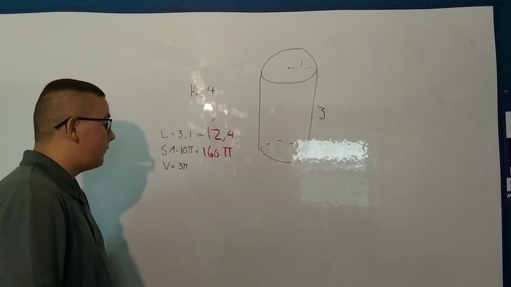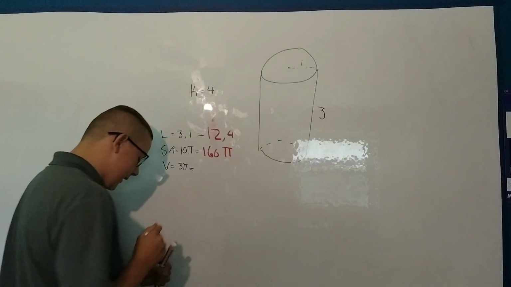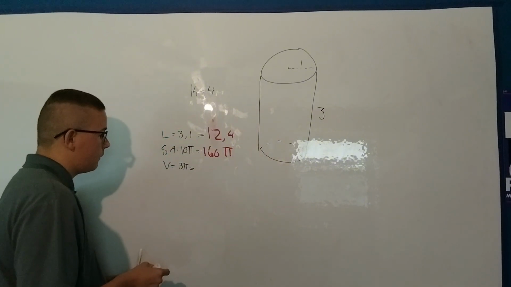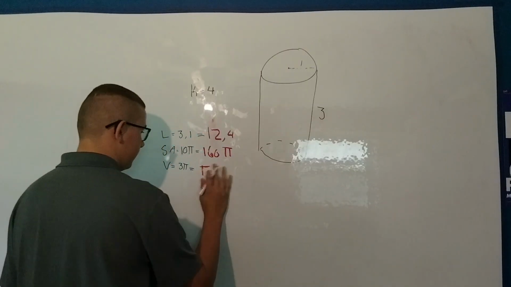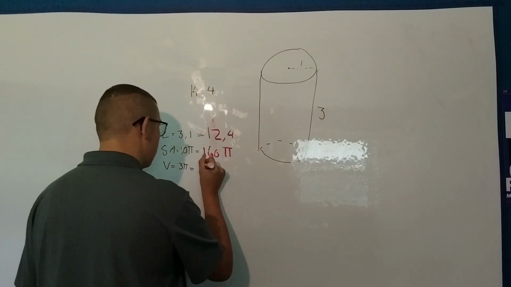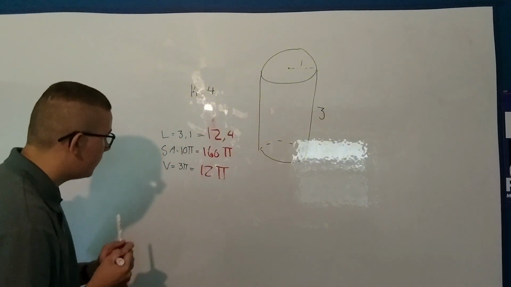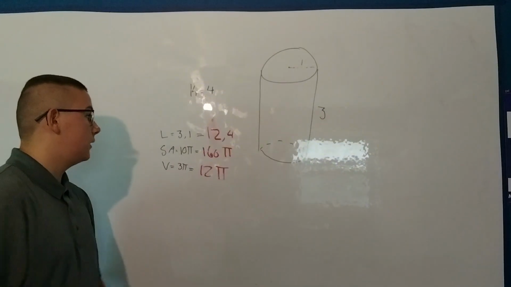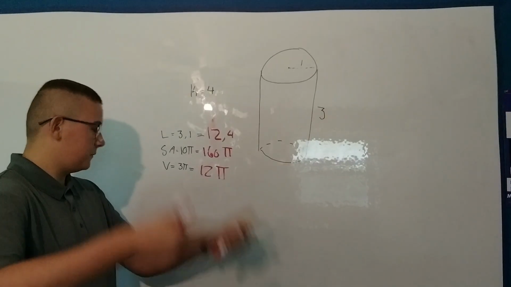And for the volume, 3 times 4 is 12. So we get 12 pi on this one. And these are your new, your new, whatever you want to call them.